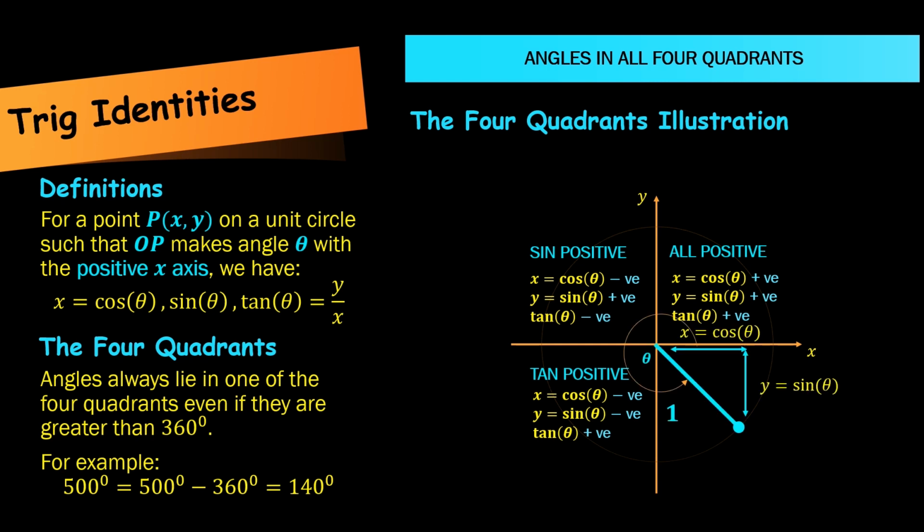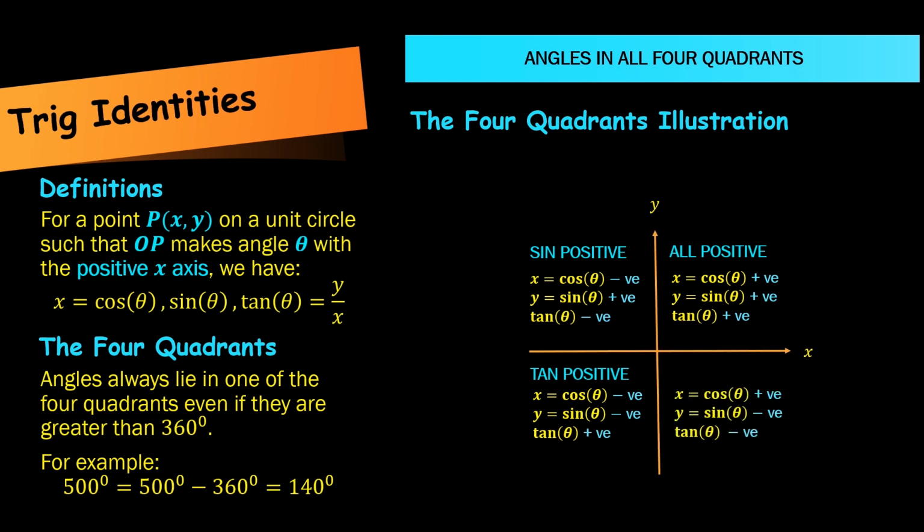And finally, in the fourth quadrant, we have that x is positive, y is negative, and therefore tan is also negative. So cos is the only one of the three which is positive.